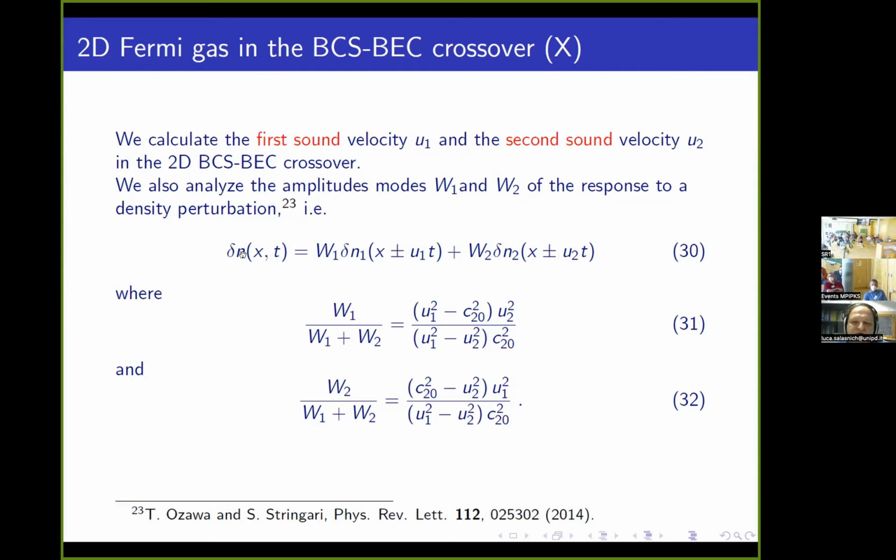So if you consider a uniform system and you perturb the density with a weak perturbation, this delta n as a function of space and time, you have two contributions to the perturbation. One, you see, where you have a wave that propagates with velocity u1, and another, let's say, wave that propagates with velocity u2. And in general, the density at defined time and at some position depends on both contributions.